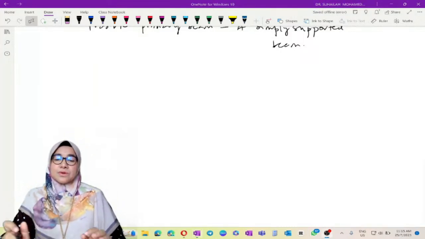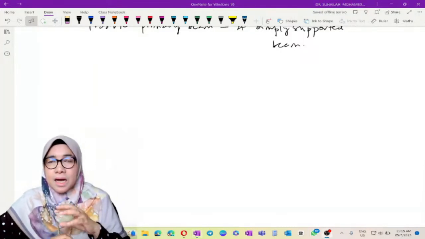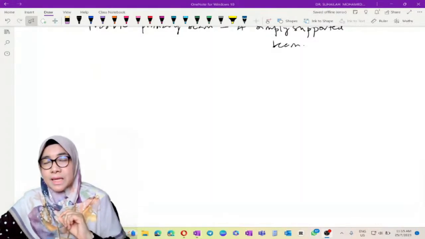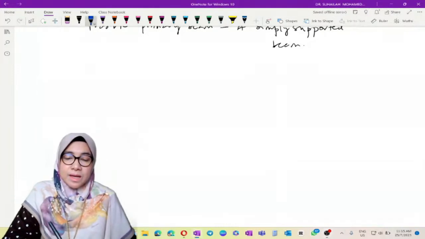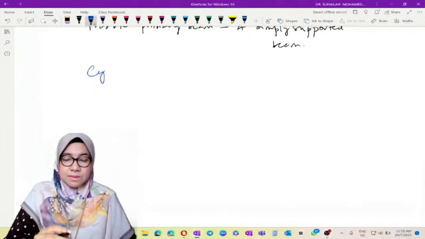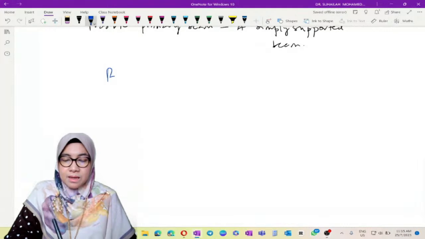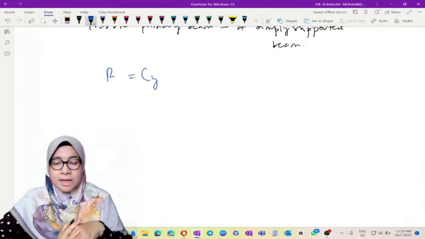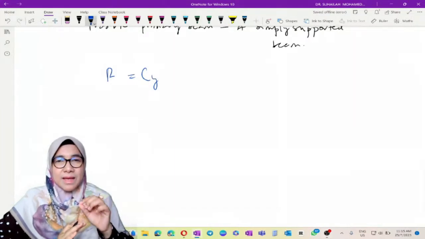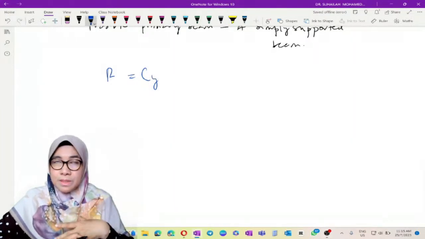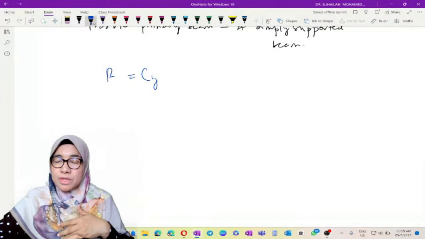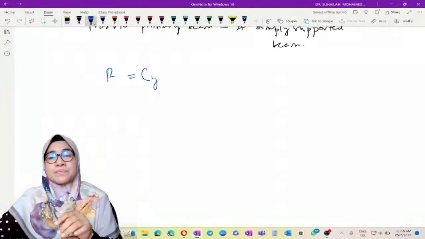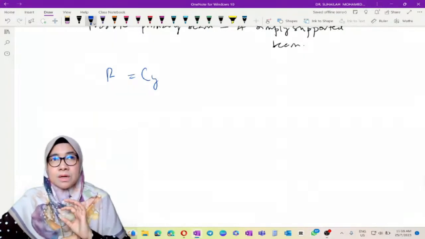Let's start. I choose the first possibility as the redundant, which means that CY is the redundant. So we have to be able to write the compatibility equation directly. You don't have to derive the equation.